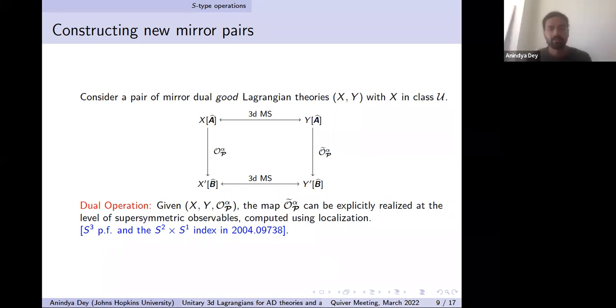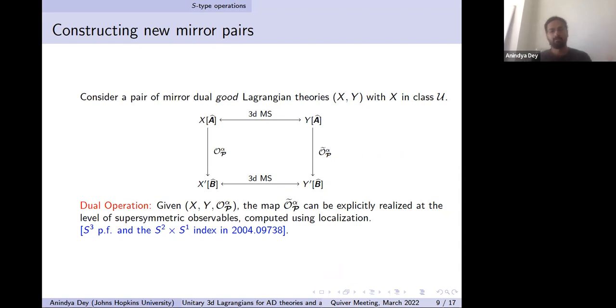Oh yeah. So it's an IR duality with a special property that the Coulomb branch of X is isomorphic to the Higgs branch of Y in the deep IR, and again vice versa. The Higgs branch of X is mirrored to the Coulomb branch of Y in the deep IR. Okay, thanks.